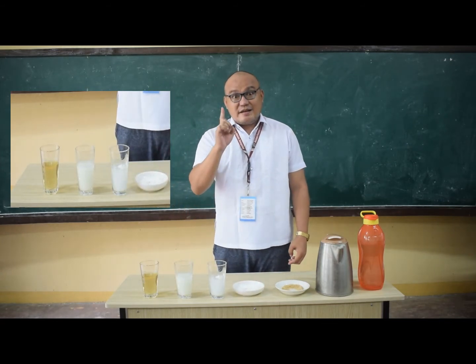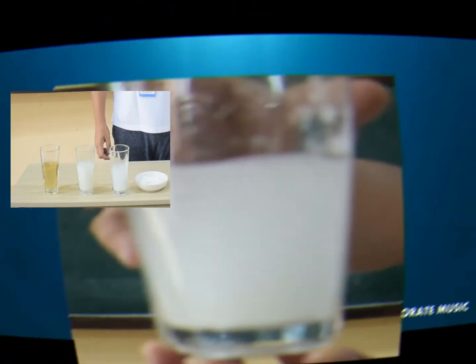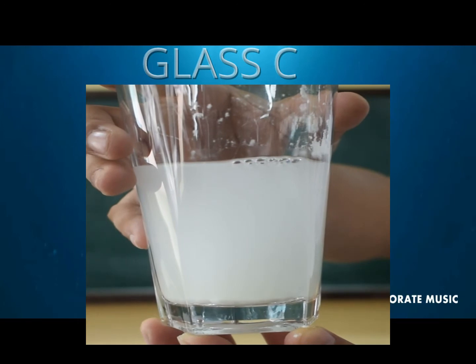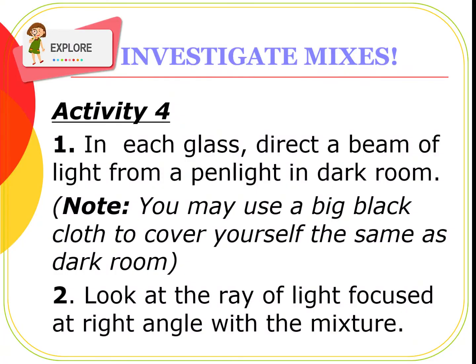Do not stir, leave it as is and observe what happens. Activity number 4. Number 1. In each glass, shine a beam of light from a pin light or flashlight in a dark room. Number 2. Look at the ray of light focused at right angle with the mixture.